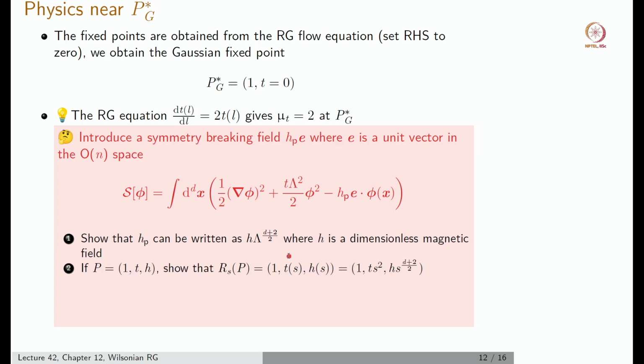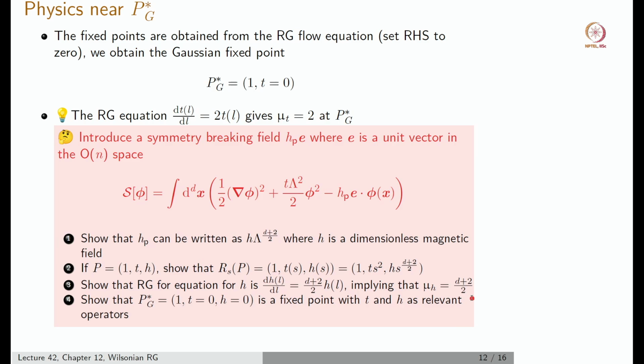From there you go through this RG process that we have done, and you will see that the point of this theory, which is (t, h), where t and h are dimensionless, under renormalization group transformation will go to (t(s), h(s)), where this is t s squared and h s to the (d plus 2)/2. And from there, in addition to this RG equation which we had already derived, you should be able to derive a flow equation for this dimensionless h, and you will also see that this tells you that mu_h is equal to (d plus 2)/2. Okay. So please try this out maybe after listening to this lecture.